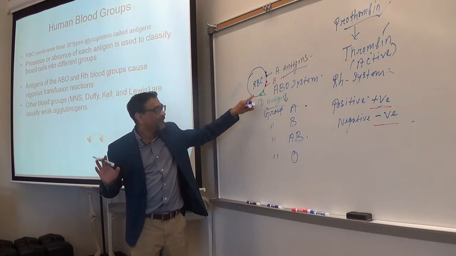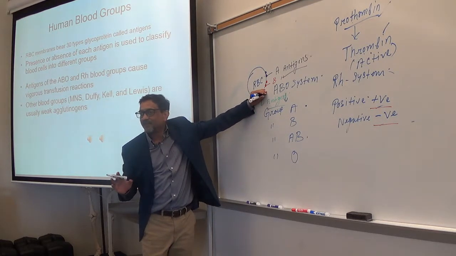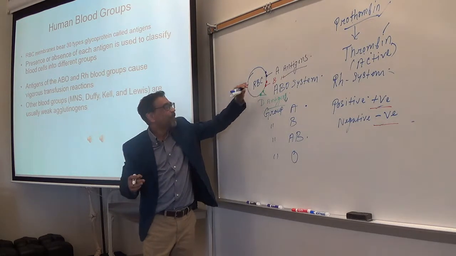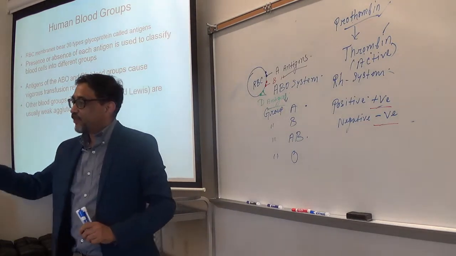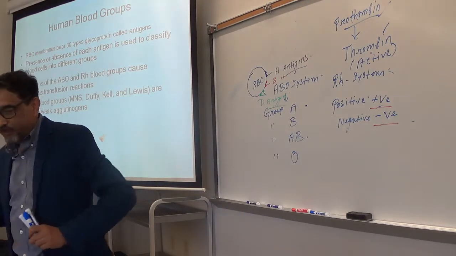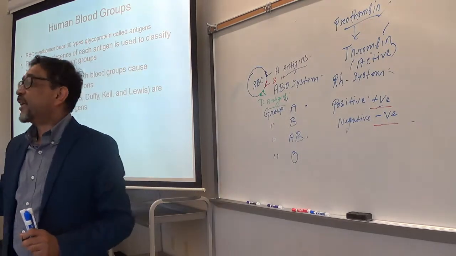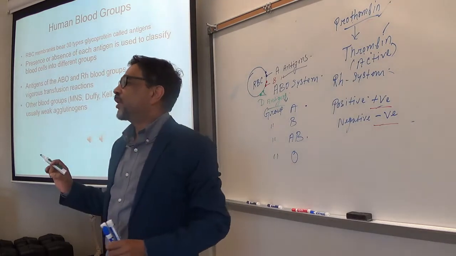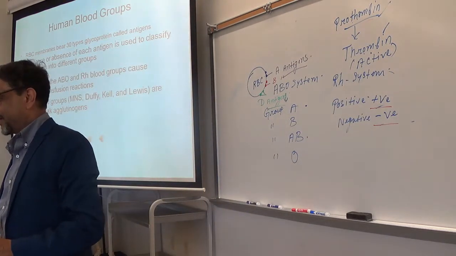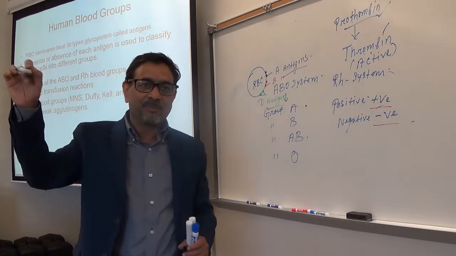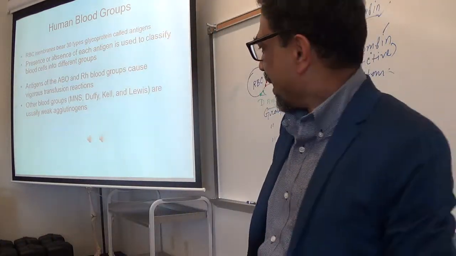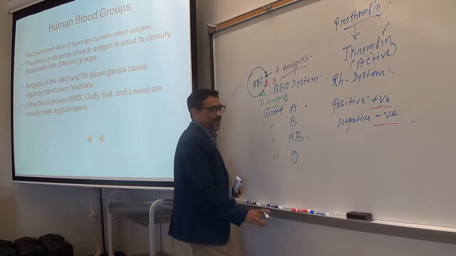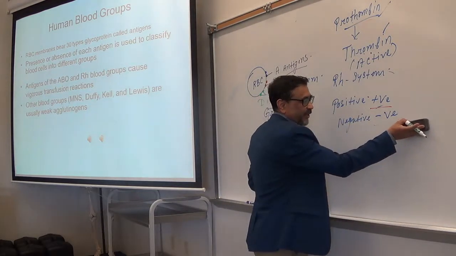Make sense? If no D, AB negative. You get it? So D determines positive or negative, which is also called RH. This antigen was first found in rhesus monkeys' blood. That's why the name RH came from rhesus monkeys. Anyway, very simple. That's how the blood type is determined.